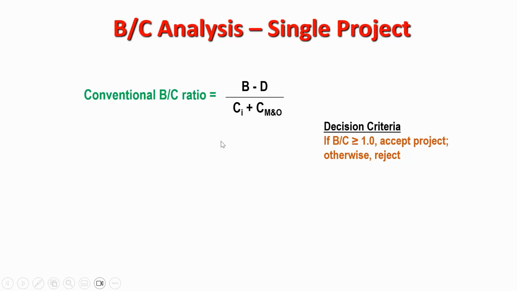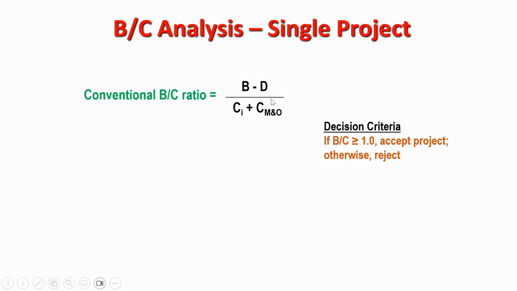So here is the benefit cost ratio. I told you earlier that if the benefits outweigh the costs, then you should accept a project. And that's the decision criteria for this benefit cost analysis. We say if the ratio is greater than or equal to 1. So look at what is in that ratio. It's saying the benefits minus the disbenefits are in the numerator, and then the denominator are the costs, both the initial construction costs plus the maintenance and operation costs.